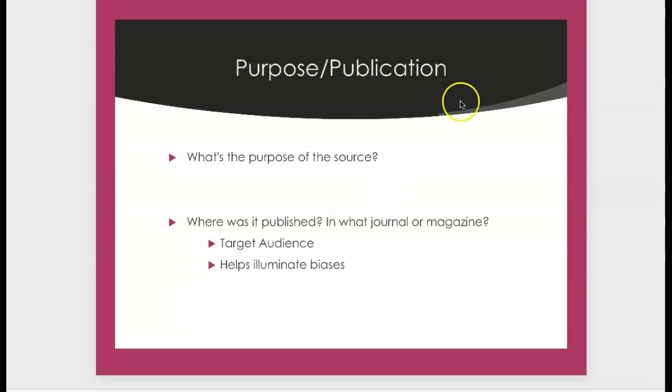And the first is the publication information. Where was this information originally published? Does it come from a scholarly source like an academic journal? Or is it a popular source like the New York Times or Time Magazine, the Washington Post? Based on the answer to that question, you'll be able to address the article's purpose.